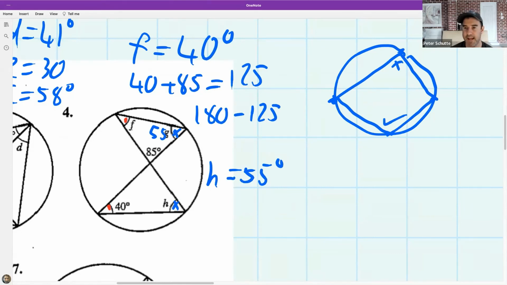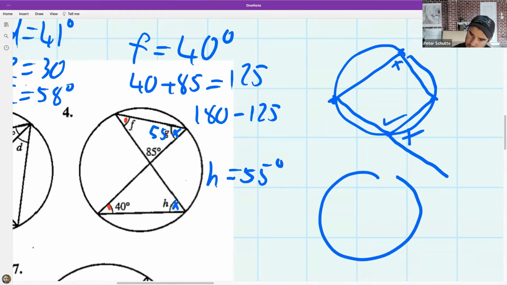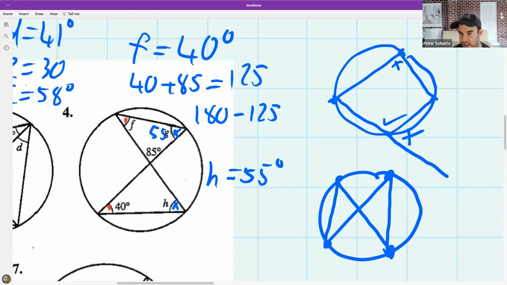Then the other big idea was that the exterior angle of a cyclic quad exists and that they also have a relationship with the interior opposites. And then the last bit of new information was that if I've got 4 points, I get this butterfly type shape, which is a cyclic quad.